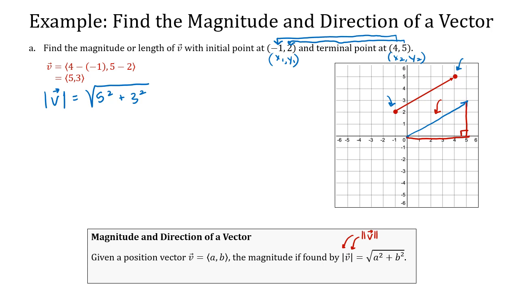So 5 squared plus 3 squared is 25 plus 9. 25 plus 9 is, what, 34? So the length of that vector is the square root of 34, and if I really want a better feel for that, I might put that in my calculator to approximate it as 5.83 units.